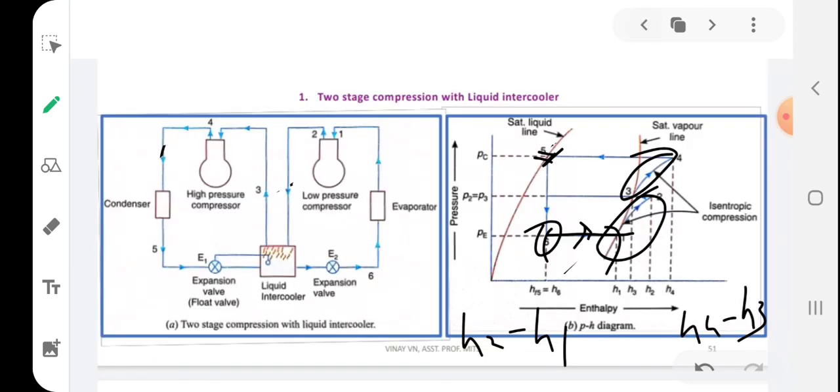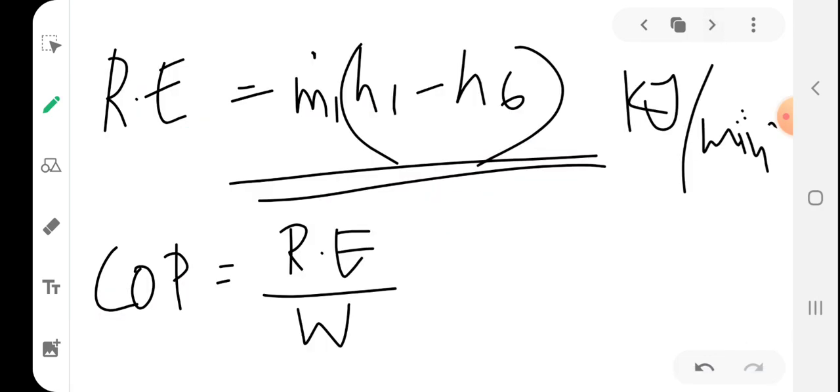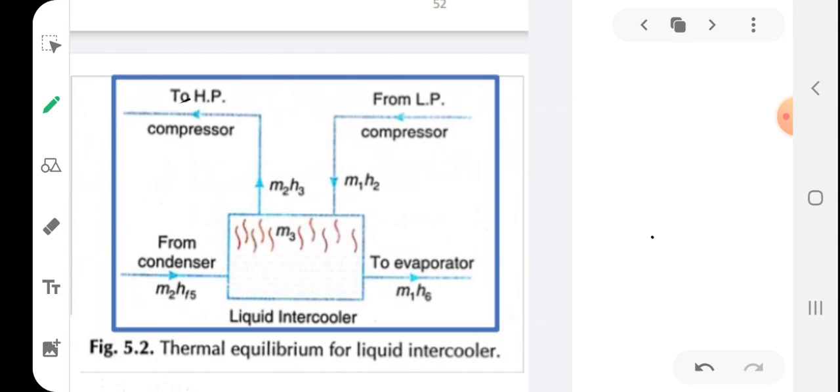Through the evaporator only m1 dot is flowing, and m1 dot is given, so you have the value of m1 dot, but you may not have an idea of m2 dot. So how to find m2 dot? In order to find m2 dot, we have to consider this particular figure.